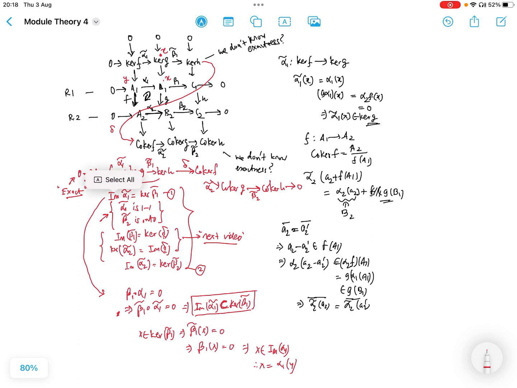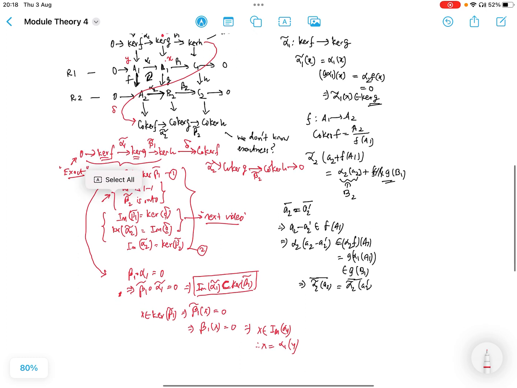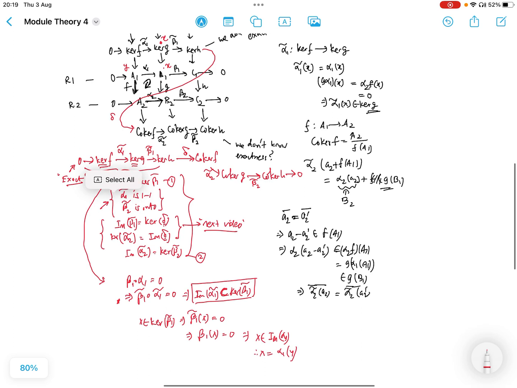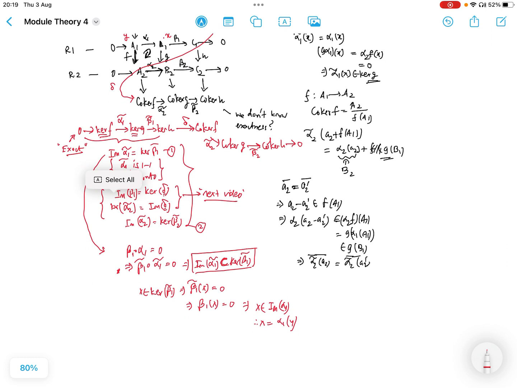Now let's see how we can manage to do it. We need to find a pre-image under the map alpha 1 tilde, right? So alpha 1 tilde is nothing but the map alpha 1, with the extra property that the domain is just the kernel of it. So here we have already got a pre-image under alpha 1.